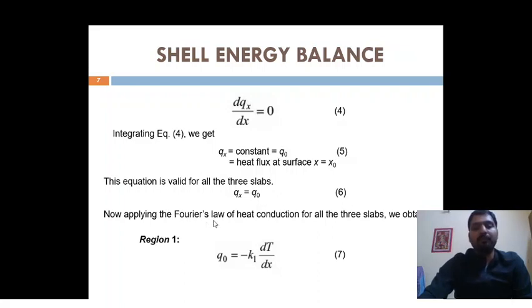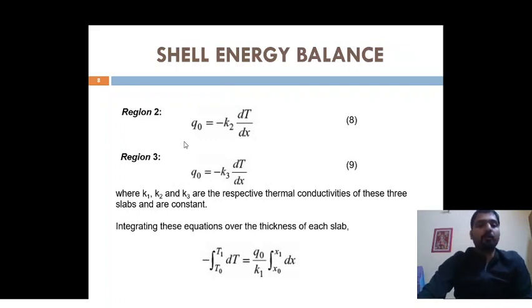Now, for generating the temperature profile, we apply Fourier's law of heat conduction in region 1, region 2 and region 3. In region 1, Qx is equal to Q naught, which is equal to minus K1 dT over dx, because the thermal conductivity of substance 1 is K1, denoted in equation number 7.